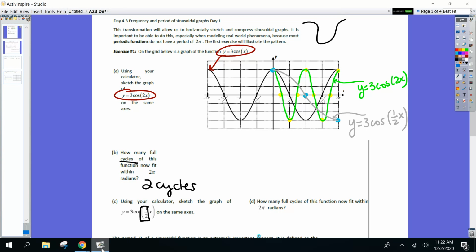What was the question again? How much of the cosine curve did I just graph in, 3 cosine 1/2 x? A half. Yeah, you're right. Be confident. We just did a half cycle. Okay, half cycle.